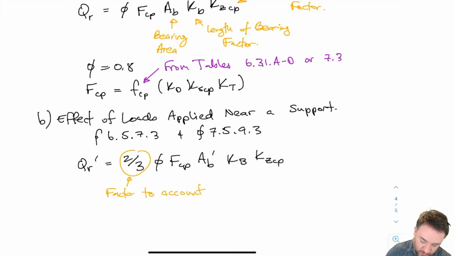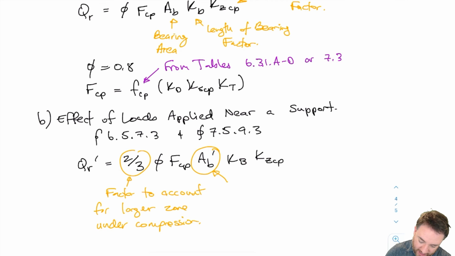So to account for a longer zone under compression, as we talked about. And the other difference that we have is AB prime, which is a combined average bearing area.